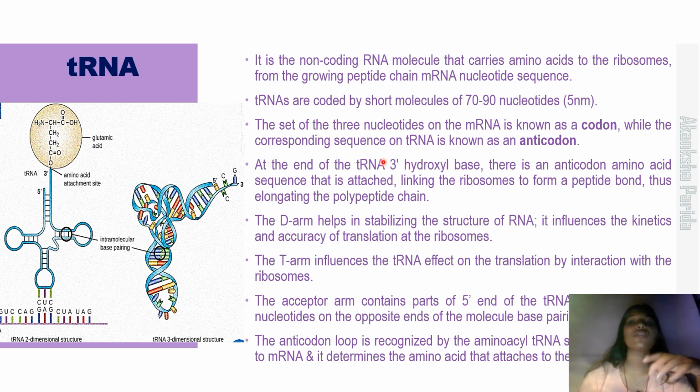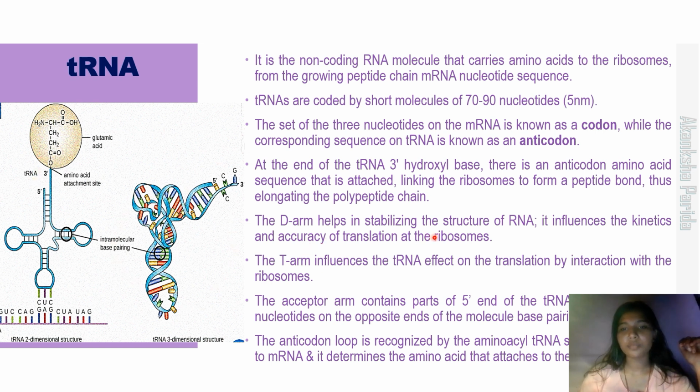The base pairing of codon and the anticodon forms a translation mechanism. Here in the structure, we can see it is the D arm, it is the T arm, it is the acceptor arm, and it is the anticodon loop. And the small structure here is the variable loop. This is the 2D structure and this is the 3D structure.